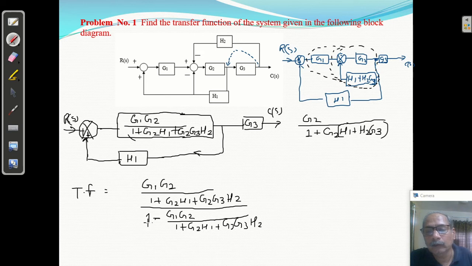This is G(S) upon 1 minus G(S) H(S). How much is H(S)? H1. Okay, so you take the LCM here, and after LCM, this will be cancelled.